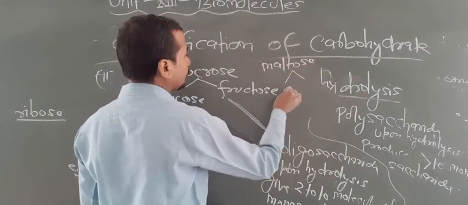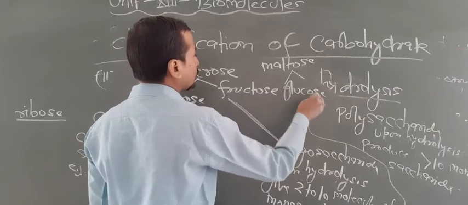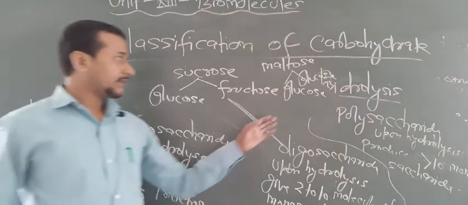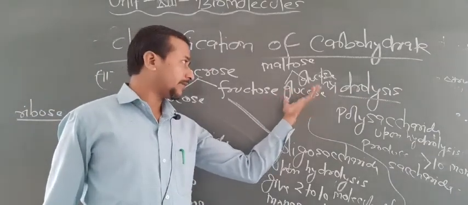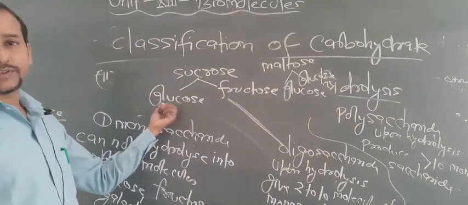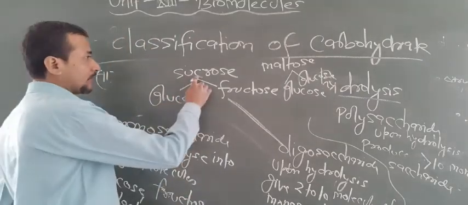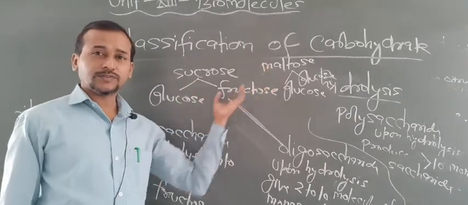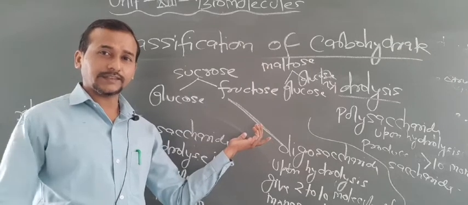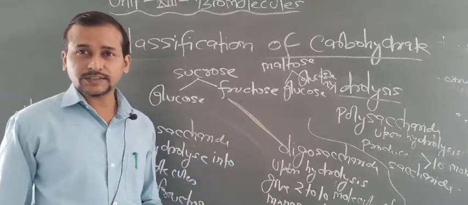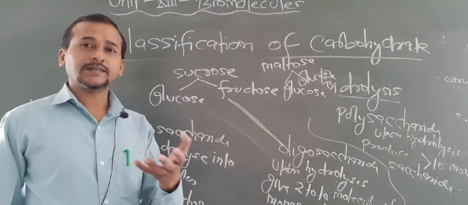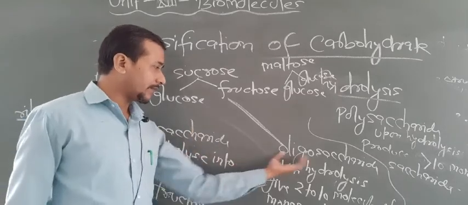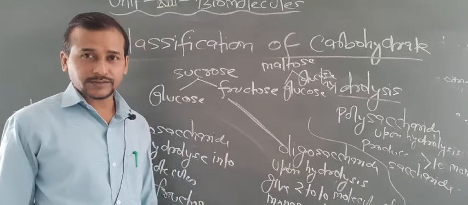Upon hydrolysis it produces two glucose, so that is the same type of monosaccharide. Sucrose and maltose are also known as disaccharides, because upon hydrolysis they produce two monosaccharides. If it produces three monosaccharides, it is known as trisaccharide, and sequentially tetrasaccharide for four monosaccharides. Like this they are generally known as oligosaccharides.